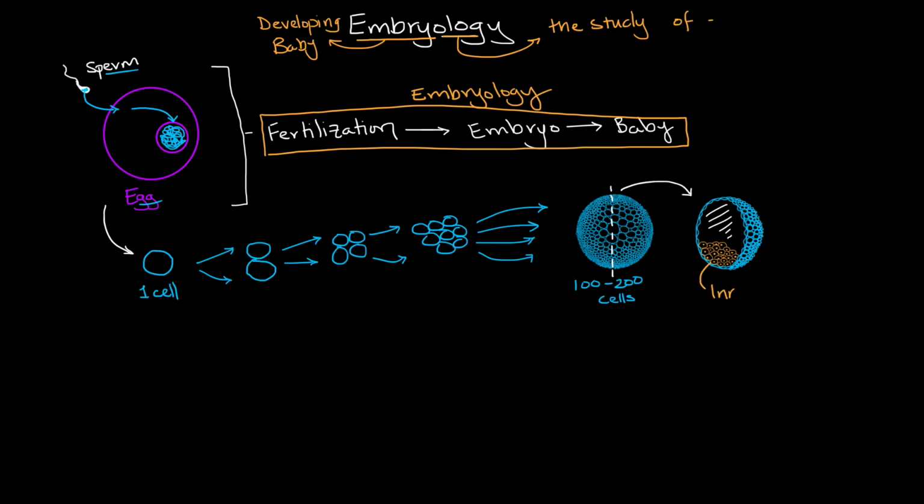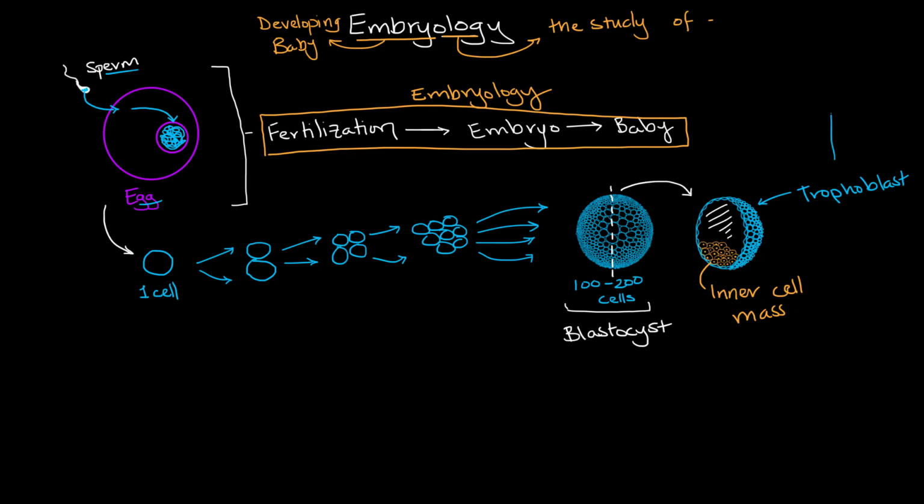This is known as the inner cell mass. And on the outside would be what we call the trophoblast. Together, this big ball of cells with the inner cell mass and the trophoblast is known as the blastocyst.